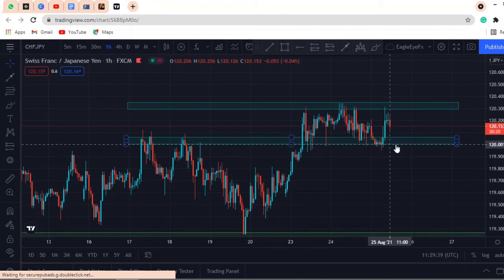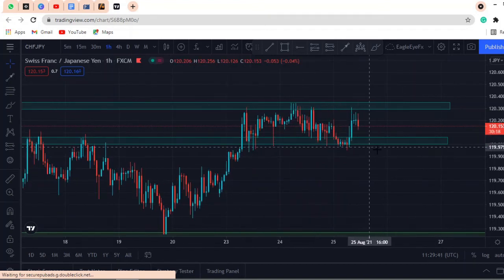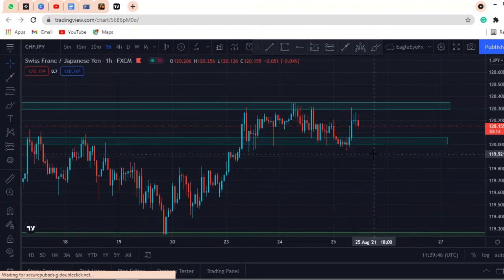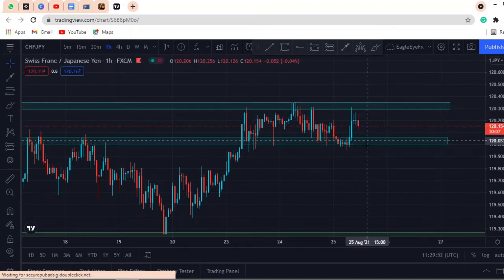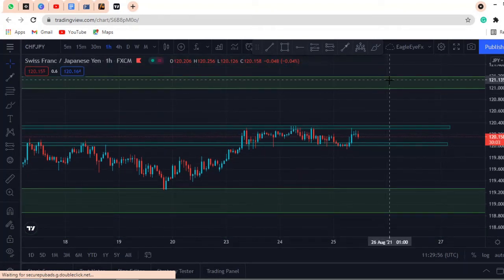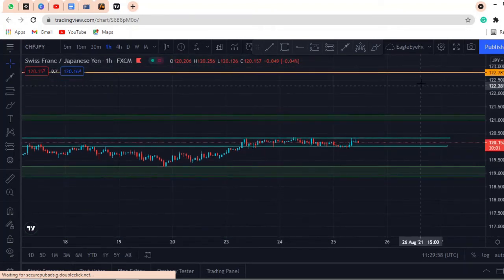I'll rather wait for it here, and when I see some rejection here, or a pin bar, or maybe a bullish engulfing, then I'll be interested in buys. Then I'll keep adjusting my stop loss to see if I can catch this move up to here, or up to this particular level.